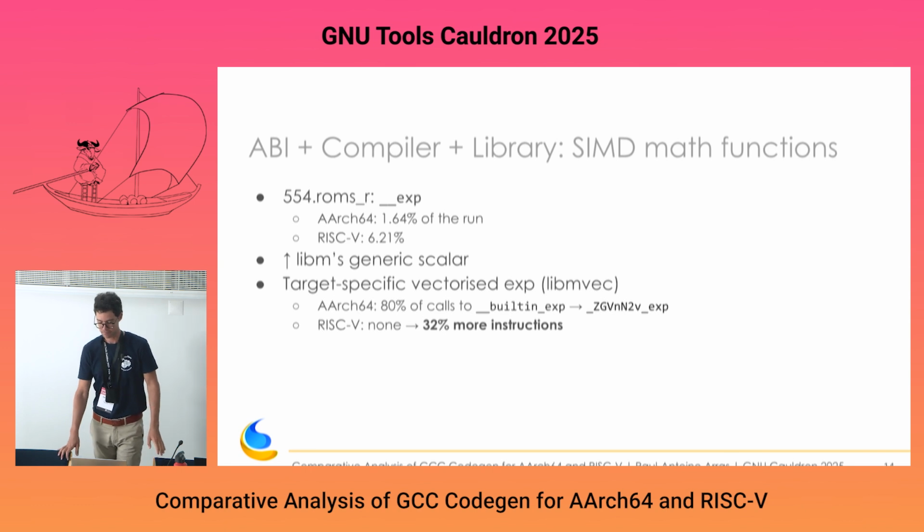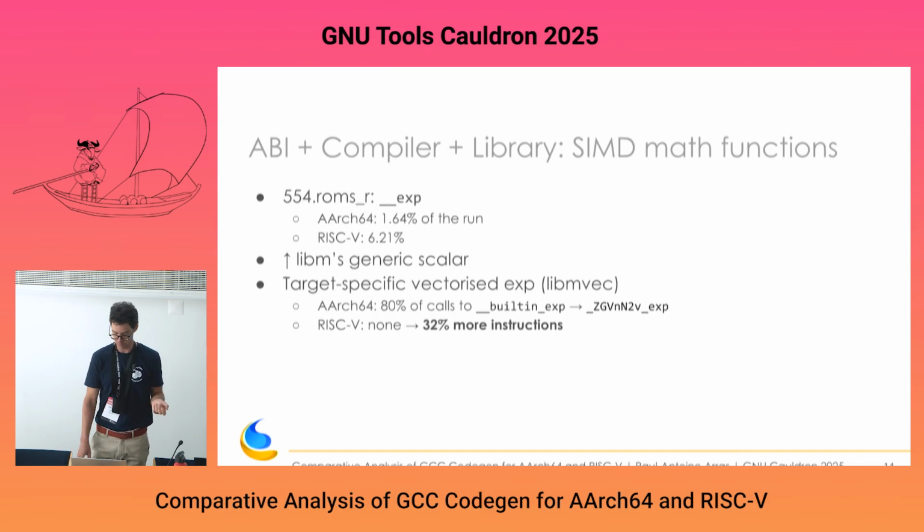That's what the mangled name that we saw earlier actually designates. So for AArch64, 80% of the calls are actually turned into this mangled version, which happens to be vectorized and so much more efficient. For RISC-V, that just doesn't happen. So clearly, in terms of instruction count, it's plus 32%.